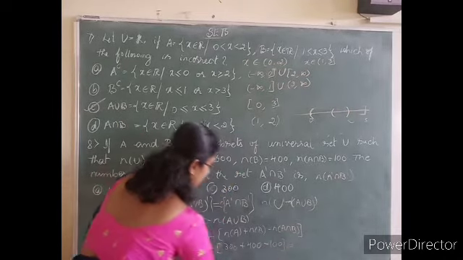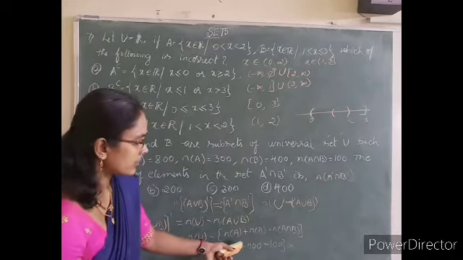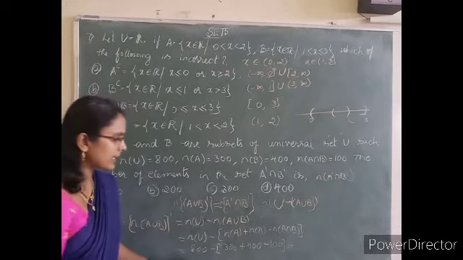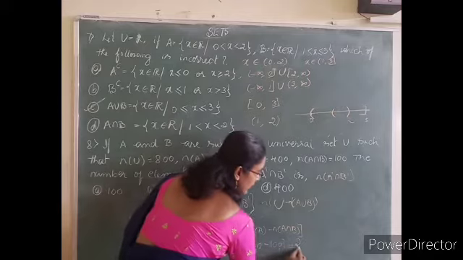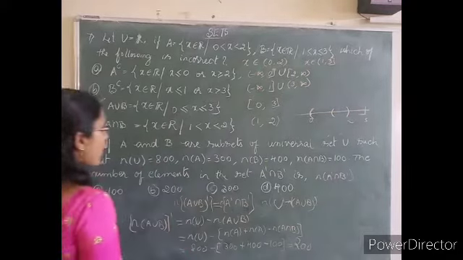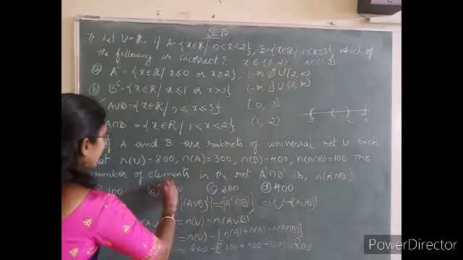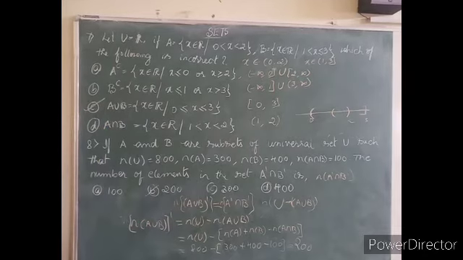So this will be 800 minus 700 plus 100, that is 800 minus 600, that will be 200. Therefore, option B will be the answer for this.